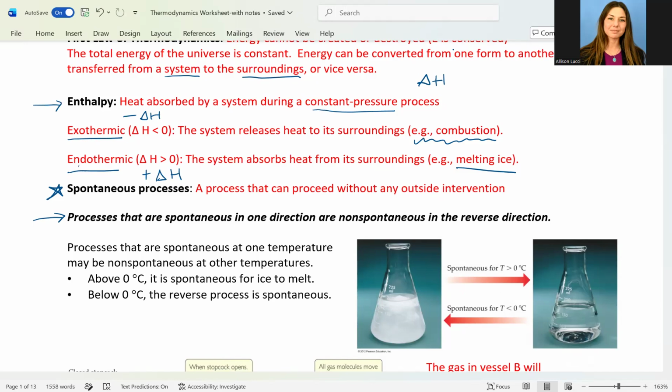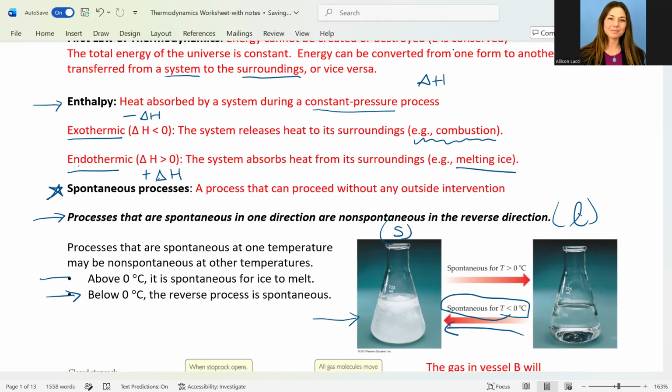So if the forward direction is spontaneous at that same temperature and other conditions, the exact process would be non-spontaneous in the reverse. We can look at a process here that is reversible, the freezing and melting of ice or water. What we see here is frozen water, ice on the side, and a spontaneous process occurs below 0 degrees Celsius. Water will go from liquid over here in liquid phase to over here in solid phase. So below 0 degrees Celsius, what we're stating as the reverse process here is spontaneous.